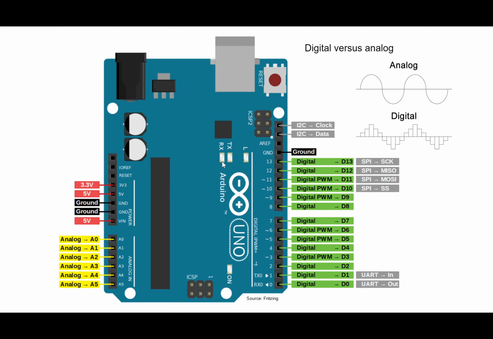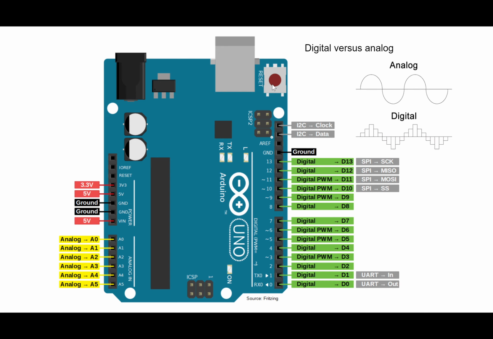So if it's receiving a bunch of information from the computer, this light will be flashing. If it's transmitting, you'll see this light flash. So it's helpful to know, if I'm trying to upload something to my board and I'm not seeing this light go, chances are the cable's not working properly, right? Or something's going on because it's not even getting to the board. And these pins can also be used for that purpose. That's a little advanced. We're not going to get into it right now.